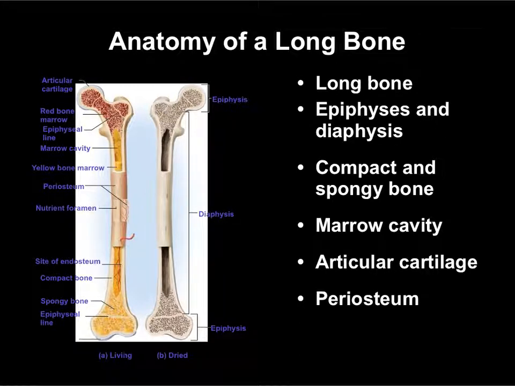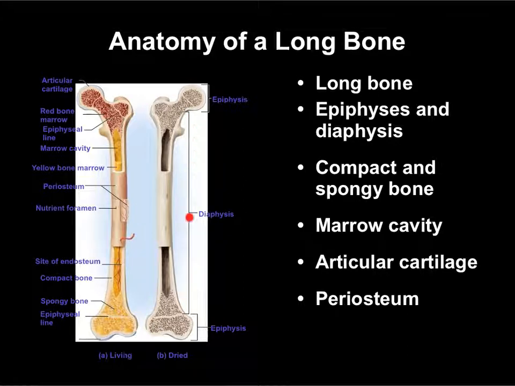So let's talk about long bones and short bones. These are sort of your two basic bone categories, and we're going to use them as examples throughout this entire section. The long bones have two main areas. The diaphysis is what is found in the middle.